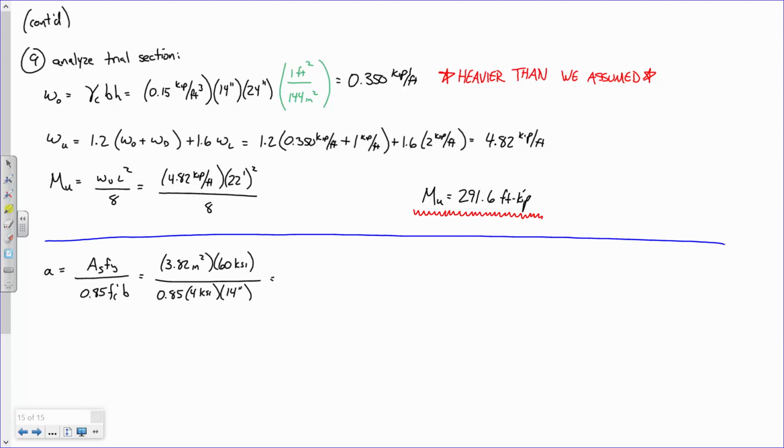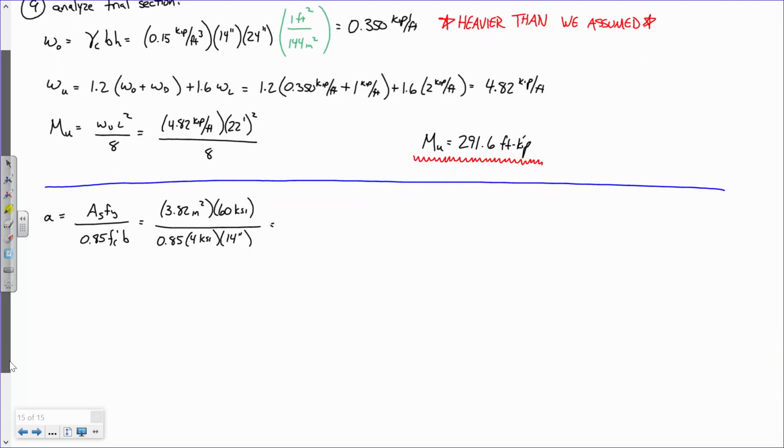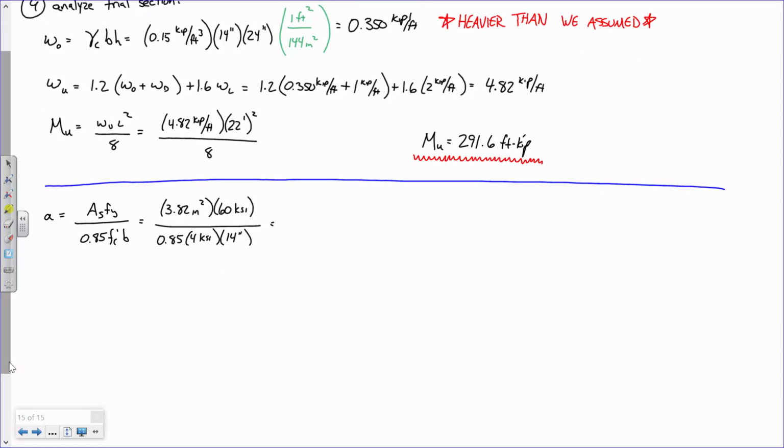Like, use the real width. What does that come out to be? Say it again. 4.82 inches, right?